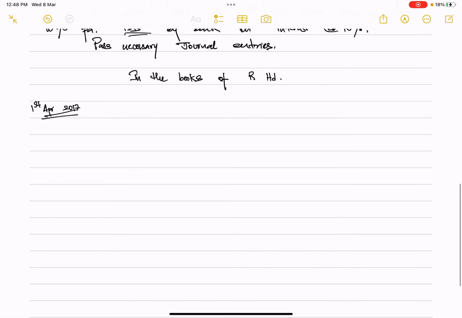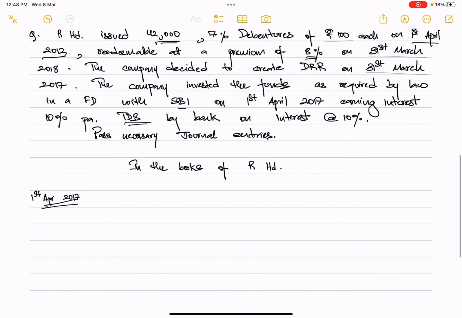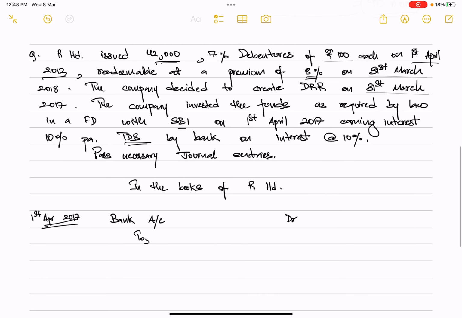So on 1st April 2017, what has happened? They have issued debentures. When debentures are issued, first of all, you receive application money, right? So the bank account has to be debited to 7% debenture application account.